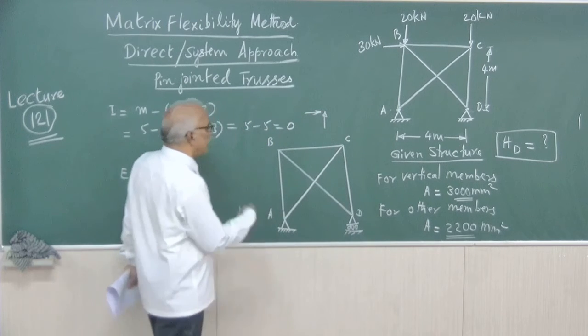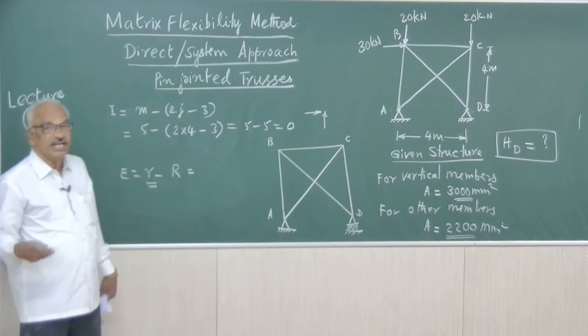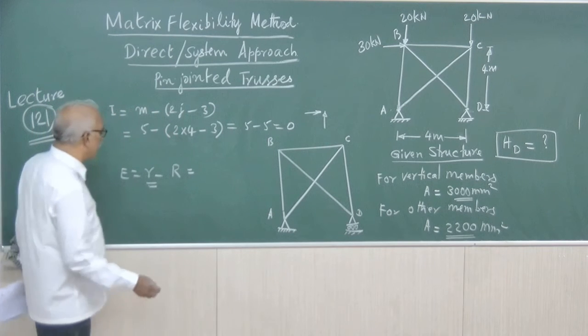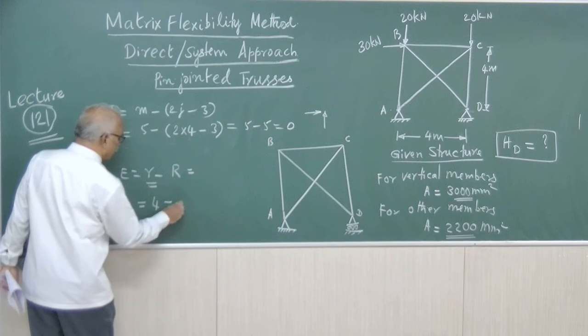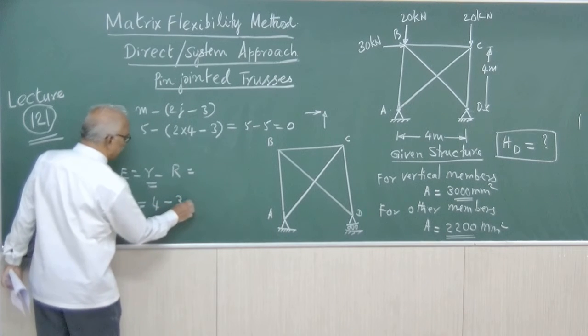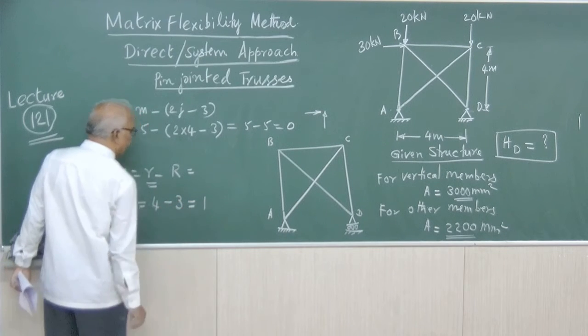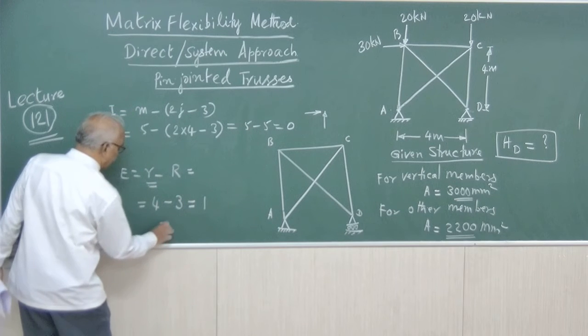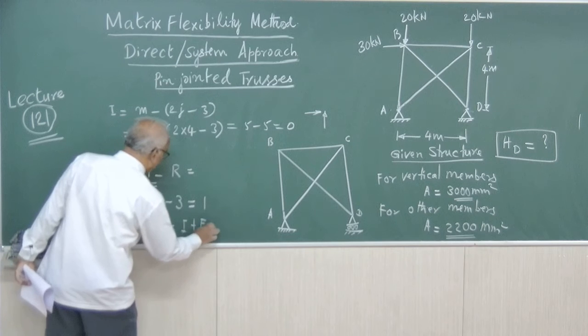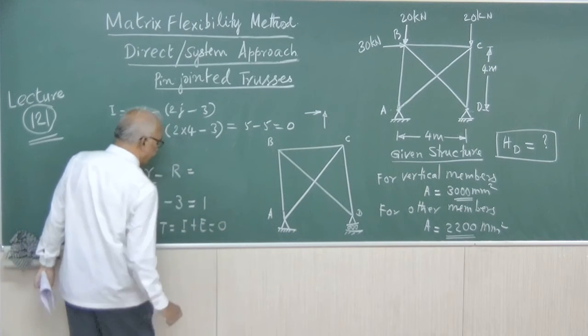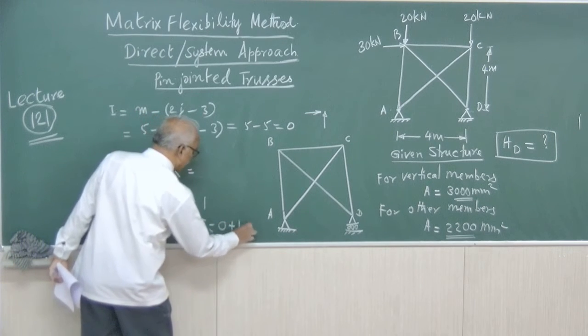Both A and D are hinged, therefore there will be 4 reaction components. We have only 3 equations of equilibrium, therefore 4 minus 3 equal to 1. The total degree of redundancy is internal plus external. Internal is 0, external is 1, therefore it is 1.